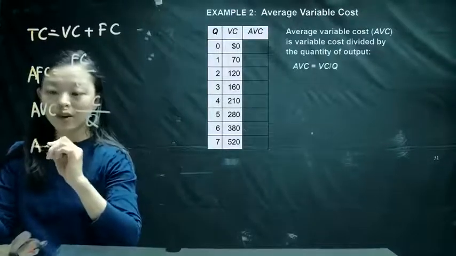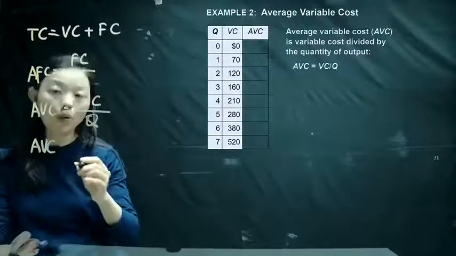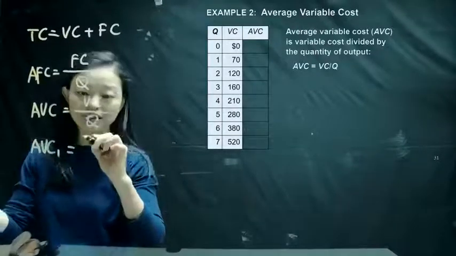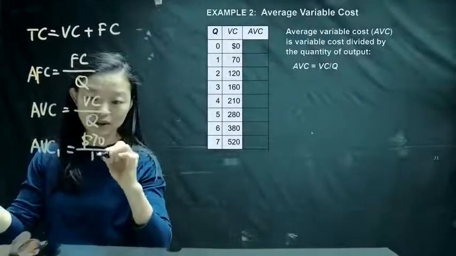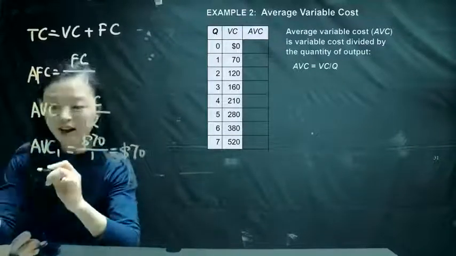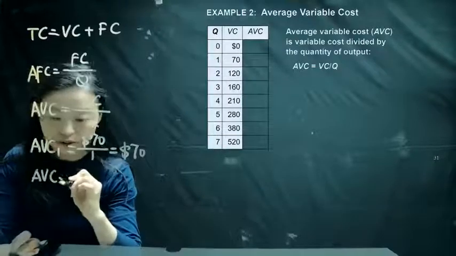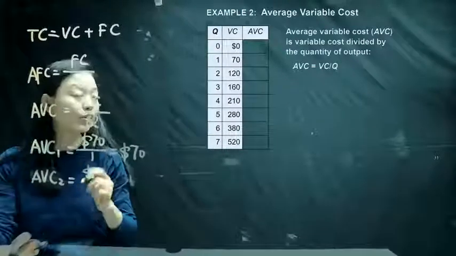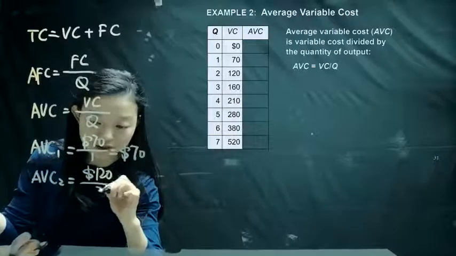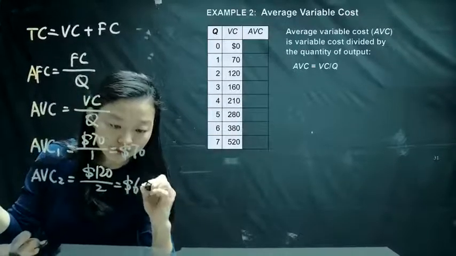When the quantity equals 1, the variable cost is 70, divided by 1, equals 70, okay? And what about when the quantity increases to 2? The variable cost is 120, right? Divided by 2, that will be 60.